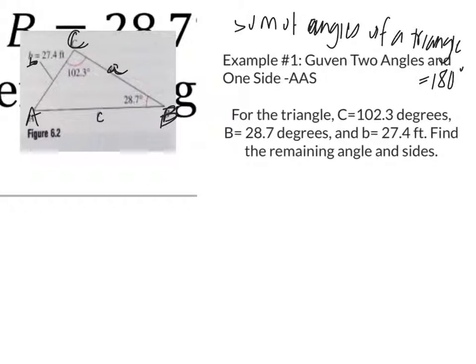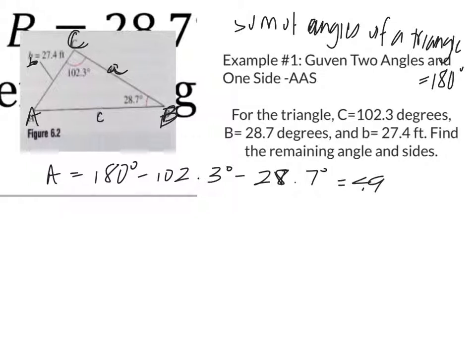So if I wanted to find A, I would do 180 degrees minus 102.3 degrees minus 28.7 degrees. And that would give us 49 degrees. Okay, so A is 49 degrees. I'm going to add that to our triangle and put that in color.